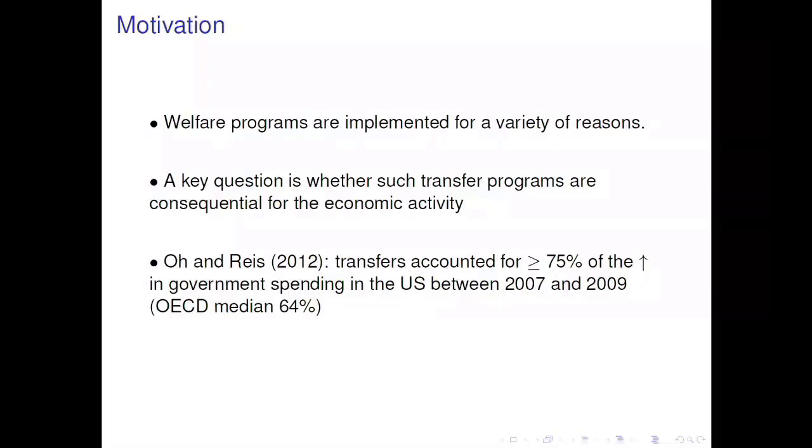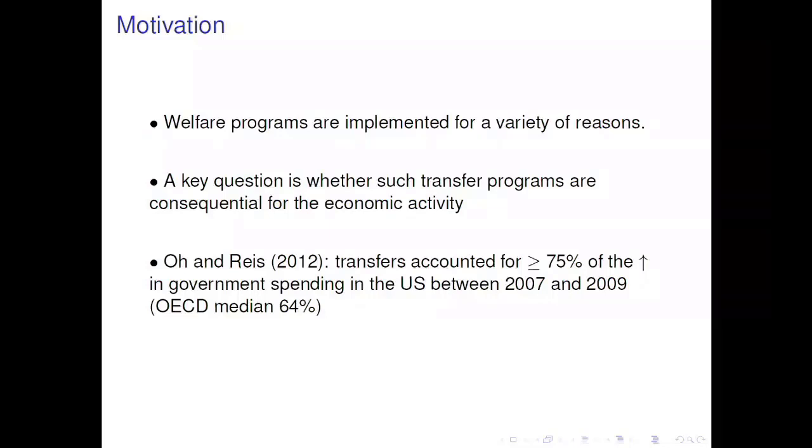Why is this important? Well, if you look at this very nice paper by Hyun-Sung Oh and Ricardo Reis, published in the Journal of Monetary Economics in 2012, what they say is that during the financial crisis between 2007 and 2009, in the US, more than 75% of the increase in government expenditures was transfer spending. It was pretty much the same in most of the OECD economies as well, where this statistic is around 64%.